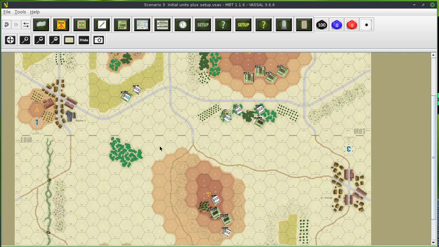I think I am going to move the command tank back from the front line. All right, so I want to recheck some radiuses here. So I'd have to move them back, and the tanks.